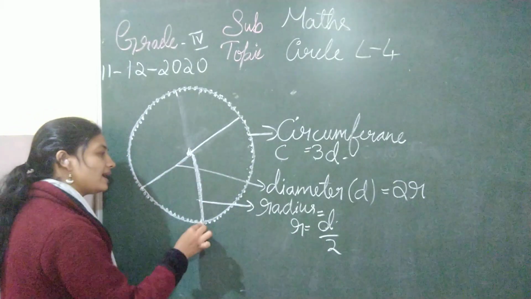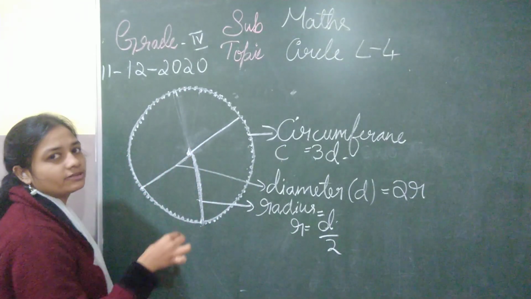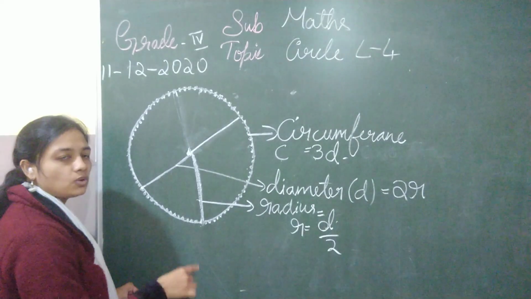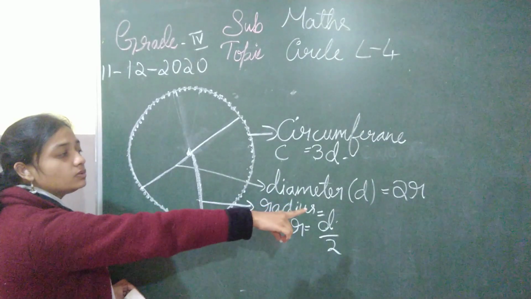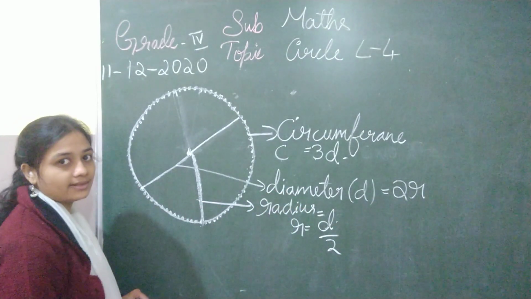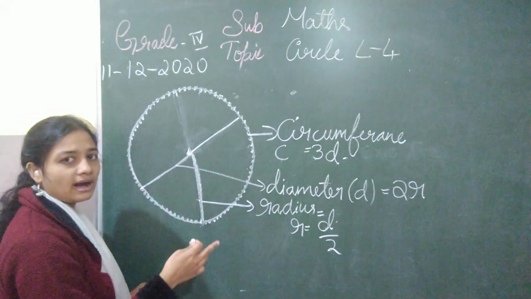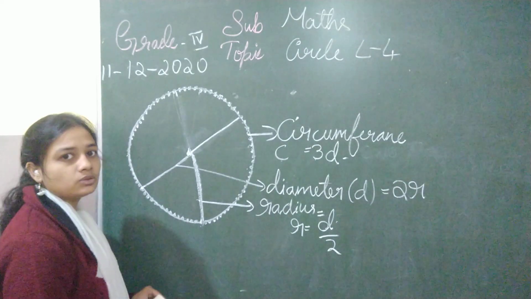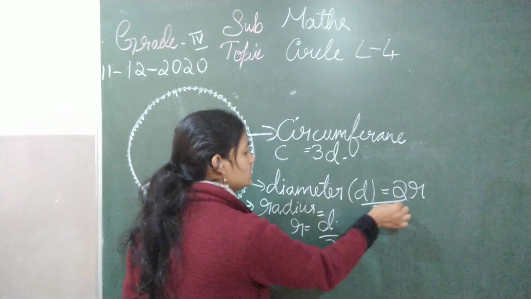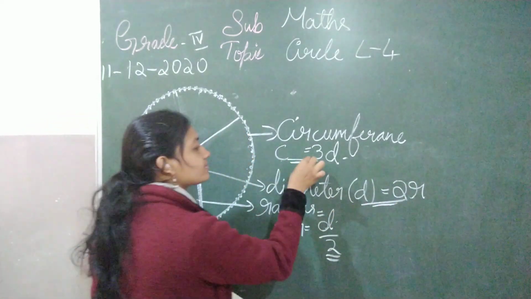Draw one more time on the opposite side, and you get the diameter. Similarly, when you cut the diameter into half, you get the radius. So these are the important formulas that you have to keep in your mind.